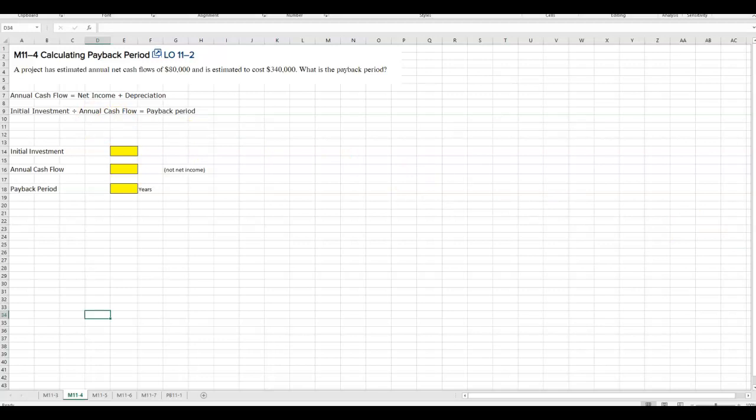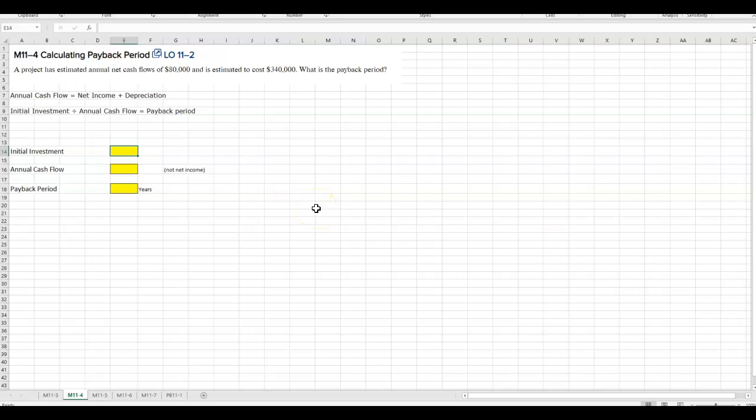So we have to be careful here. But they've given you the cash flow, so they didn't give you the income. So we don't have to do any extra calculations. I just want to make sure that you get this straight because this can actually hurt you if you don't read carefully.